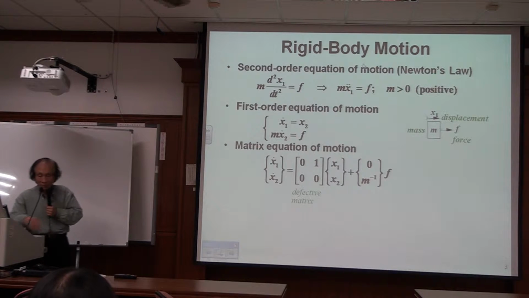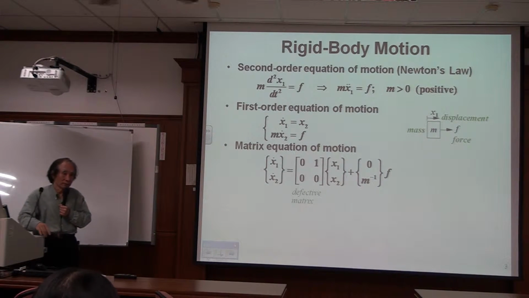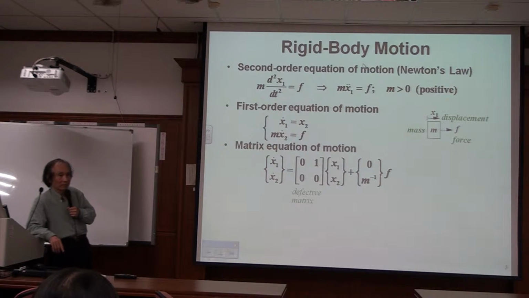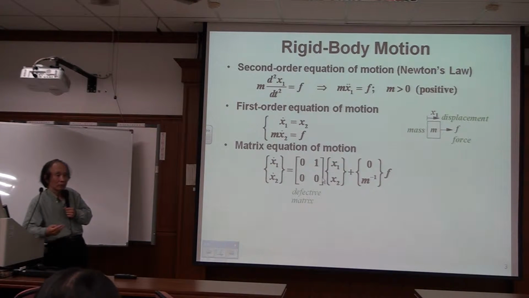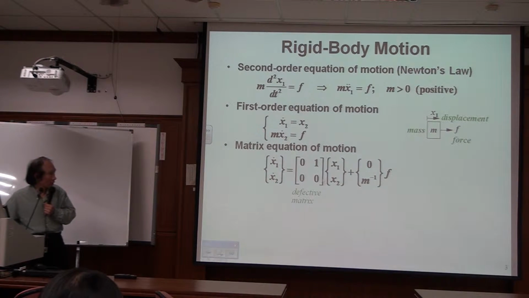All right. How many eigenvalues do we have here? How many eigenvalues of this defective matrix? We have a 2 by 2 matrix, right?